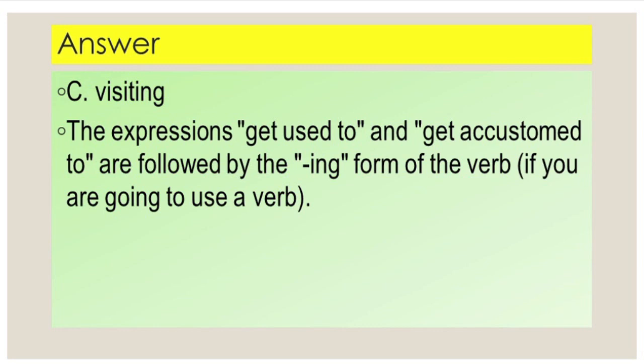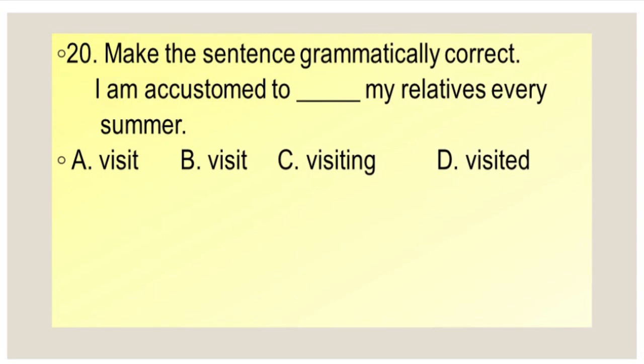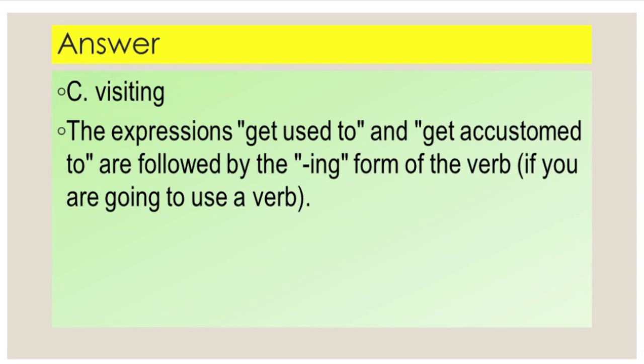So we are going to eliminate Alpha and Bravo. Visit is base form. Also, we are going to eliminate Delta because it is not present participle form. The present participle form is visiting. That's the ing form. So therefore, our answer to question 20 is option C, visiting.